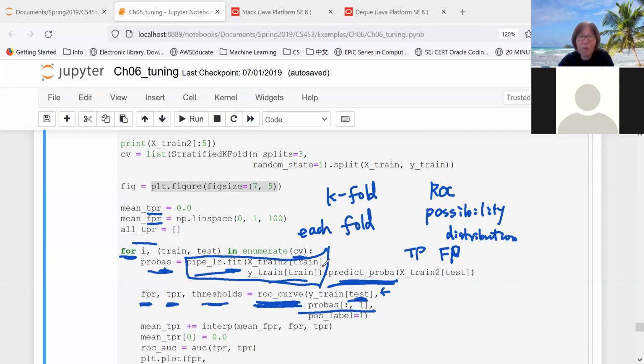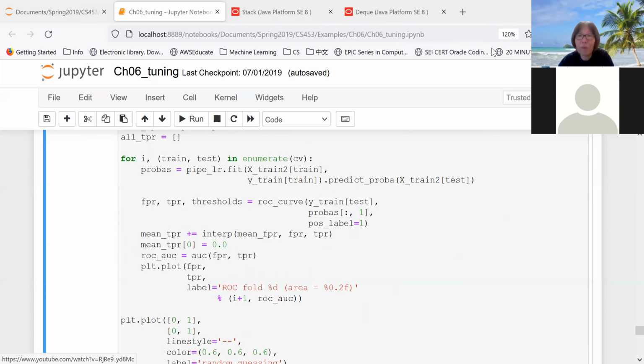After that, we can also collect the AUC with the true positive and false positive rates. Then we can do the plotting.